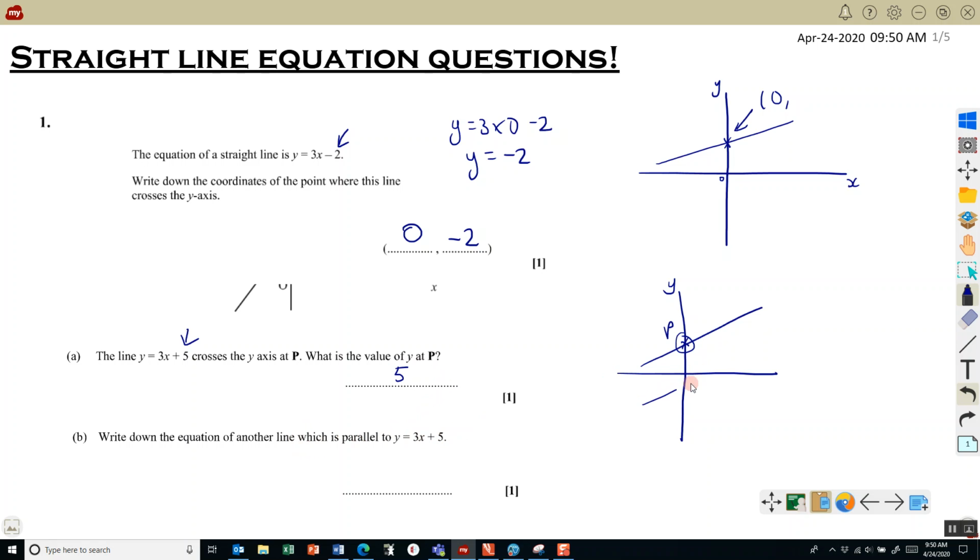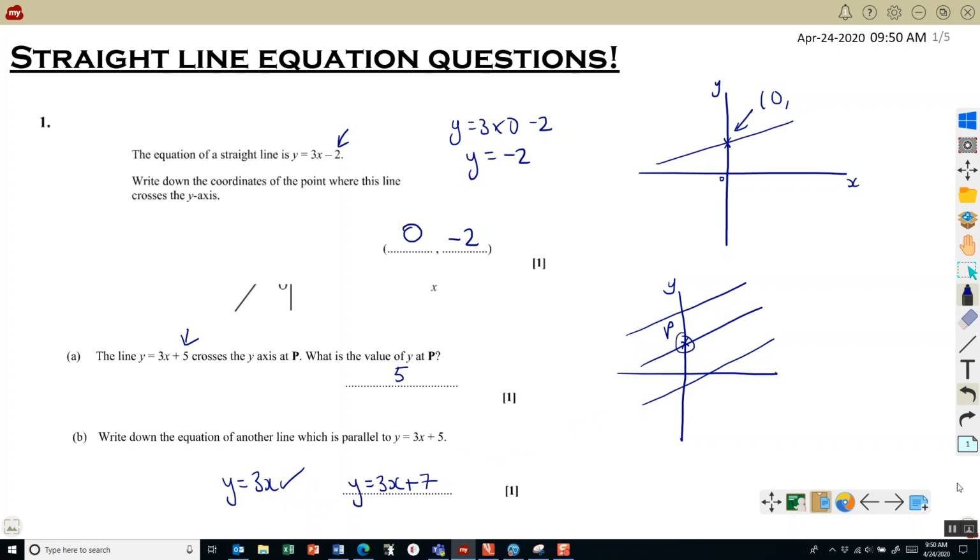If you've got another line which is parallel, what does that tell you about the gradients? They are all the same. And the gradient of this line is 3, so it's y equals 3x, and I can put in here whatever number I want. y equals 3x plus 7, y equals 3x, that would work as well, okay?